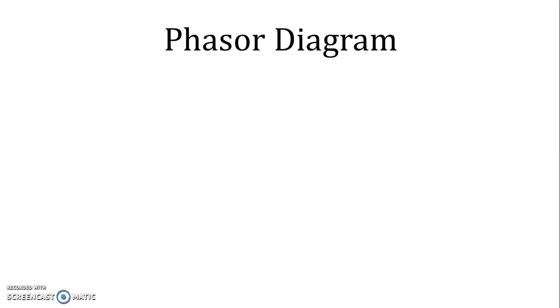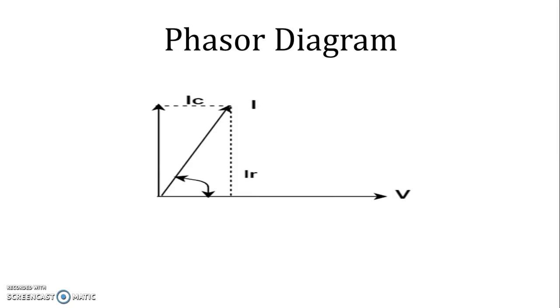If we draw the phasor diagram for this setup, then we have voltage on the x-axis, resistive current IR that is in phase with the voltage, and capacitive current IC that is 90 degrees leading the voltage.